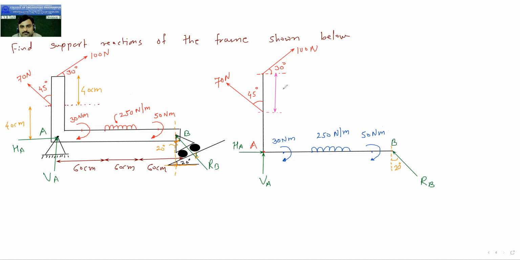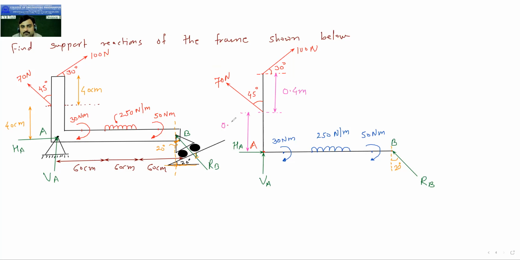Up to this point it is 40 centimeter, means 0.4 meter. Okay. So again from this point up to HA here, again up to here, this is the distance. Okay, so this is also 40 centimeter, means 0.4 meter.